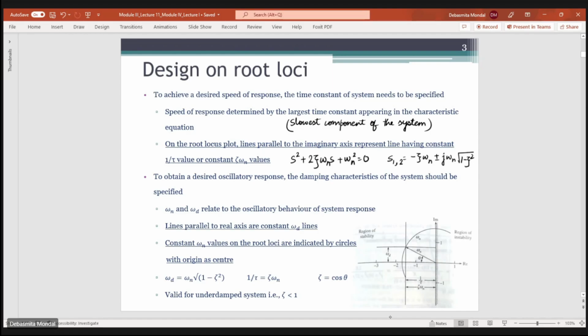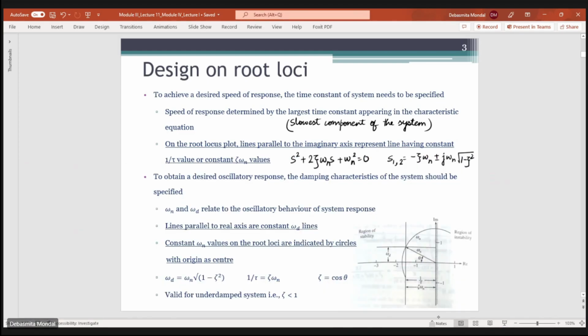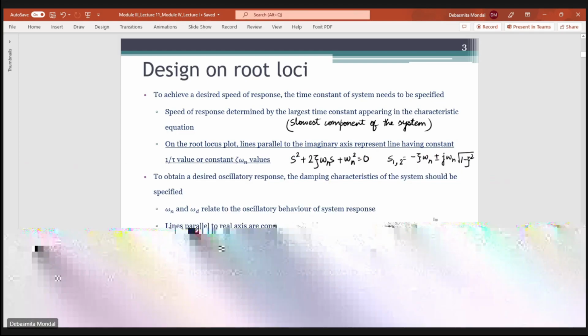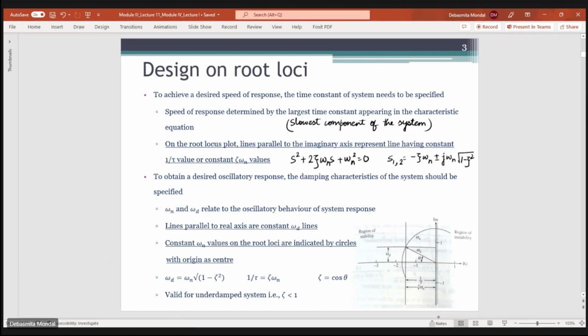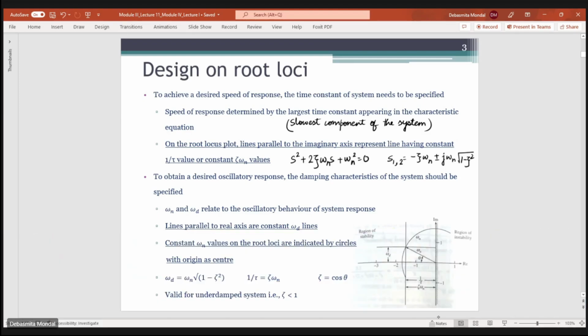So on the root locus plot, lines which are parallel to the imaginary axis actually represent lines having a constant value of 1 by tau, or a constant value of zeta omega n. Okay, so if this tau or zeta omega n value is specified in your system, you can see at what point this line crosses your root locus, and from that point you can find out the value of omega n and omega d.